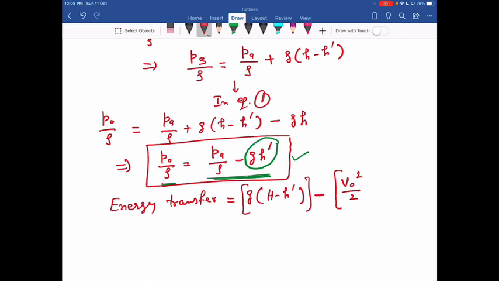Now out of this waste energy, I extract an amount equal to GH dash. So this amount of energy is transferred to useful work that I extract from the wastage energy, or waste energy, you can say.